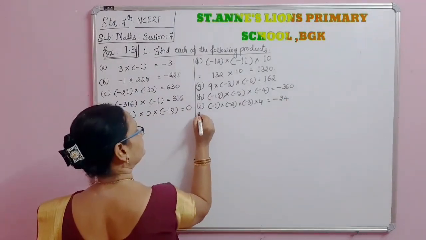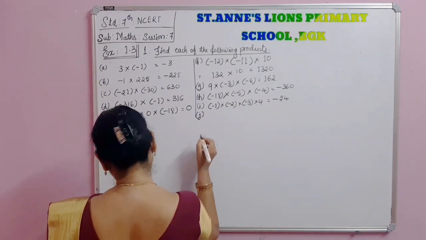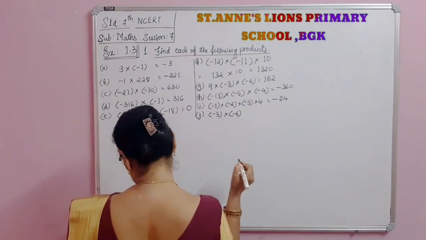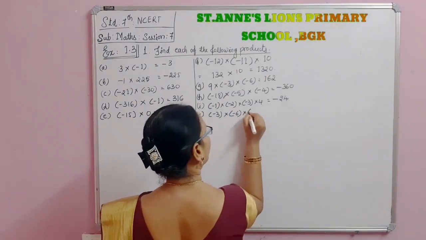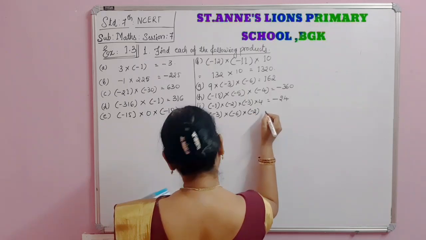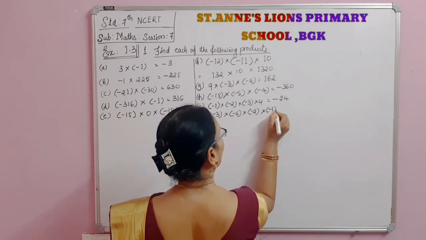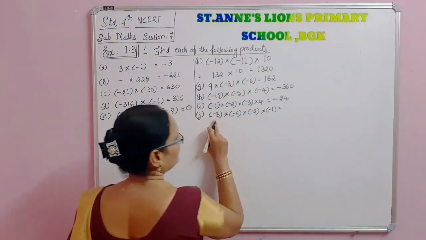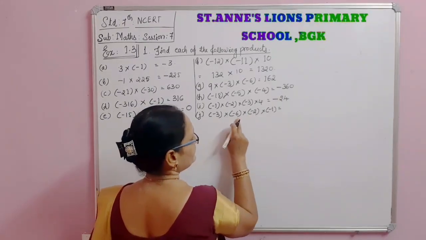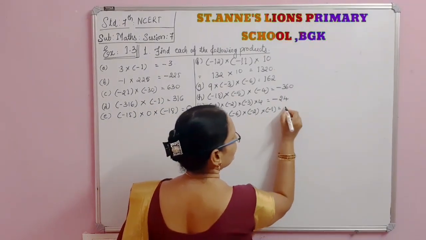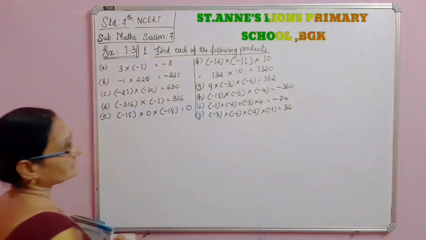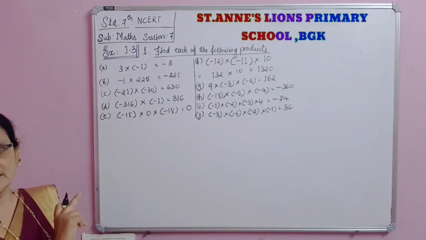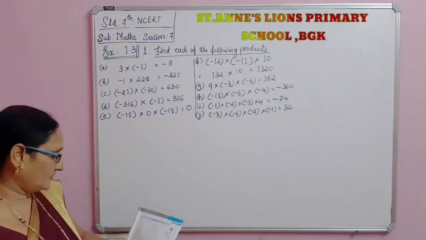Next J: minus 3 into minus 6 into minus 2 into minus 1. Minus into minus is plus, plus into minus is minus, minus into minus is plus. Here 3 6s are 18, 18 2s are 36, 36 1s are 36, the answer. Like this you have to multiply the different integers with their signs. This is all for the first main.